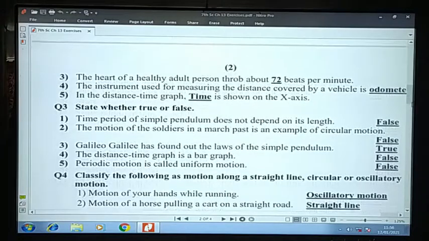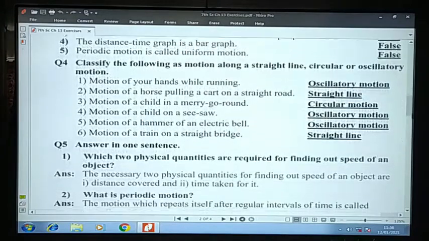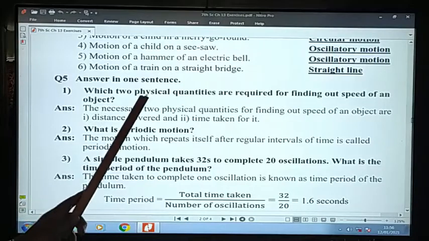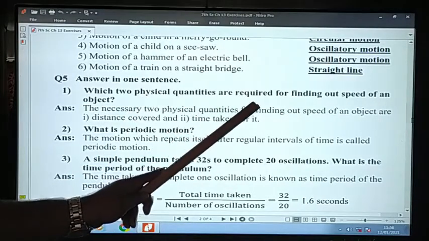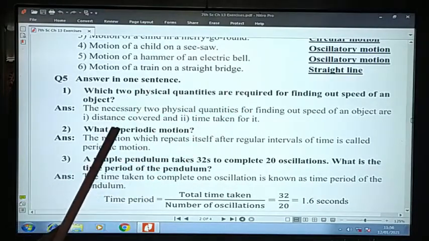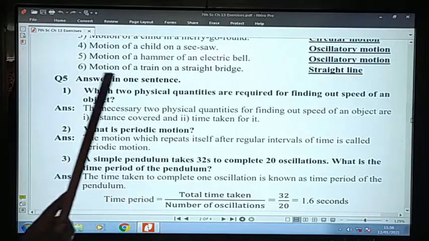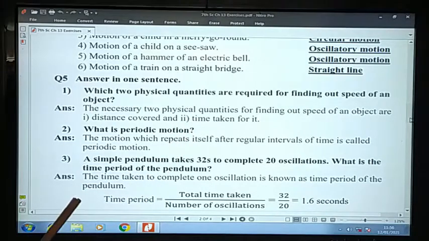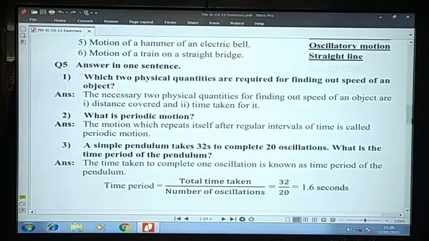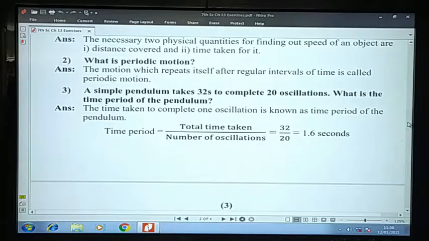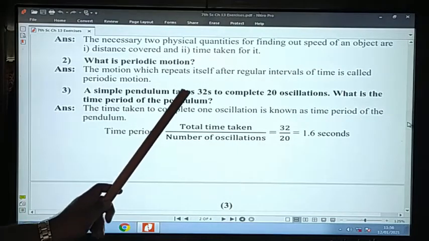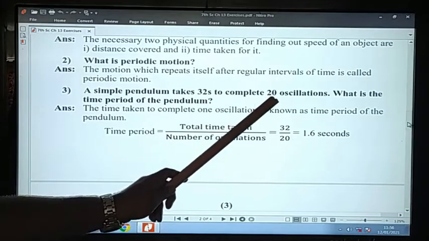Now next, we are going to this question. Physical quantities required for finding out speed, as I have said earlier, are distance covered and time taken. Now, here the problem is, a simple pendulum takes 32 seconds to complete 20 oscillations.